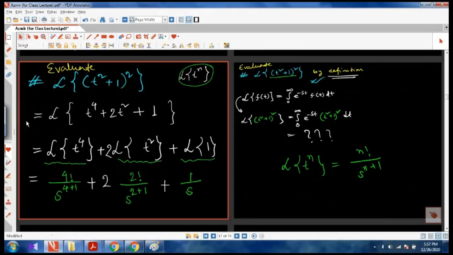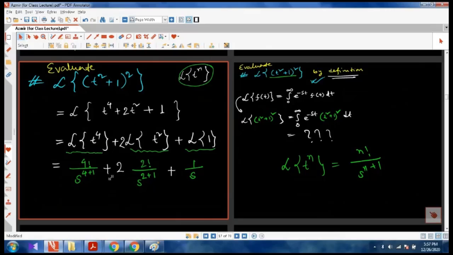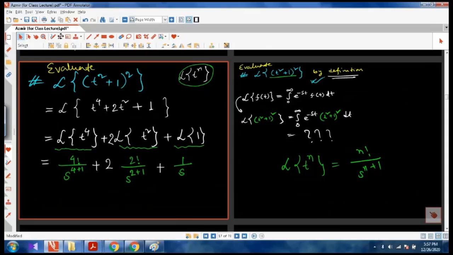So finally, you have to simplify some parts. So finally, what we can write? It is 4 factorial is actually 24 over s power 4 plus 1, that is s power 5, plus 2 factorial is 2, 2 times 2, that is 4, over s power 3, plus 1 over s.